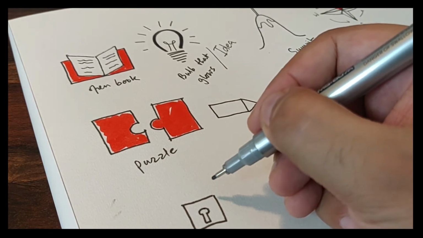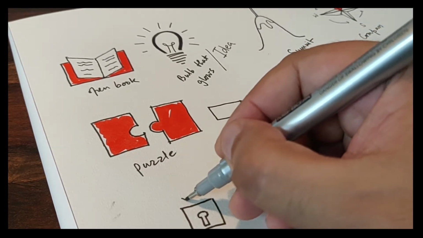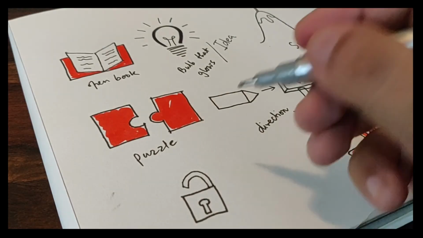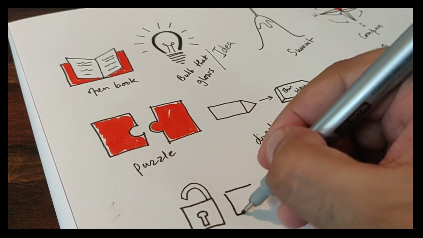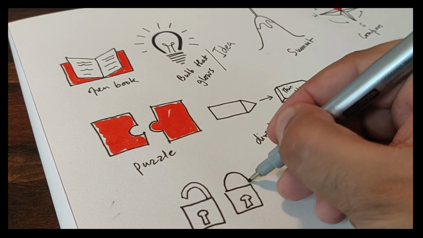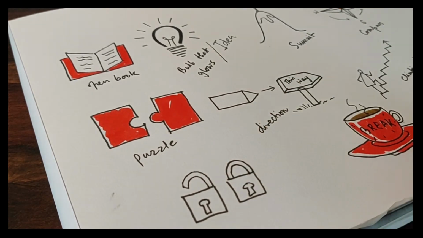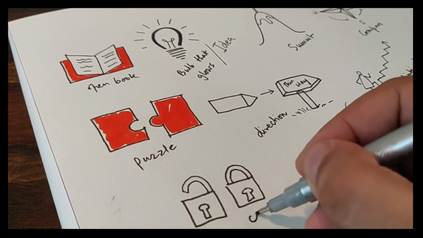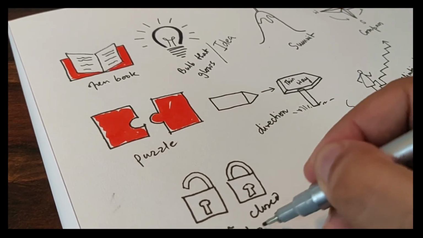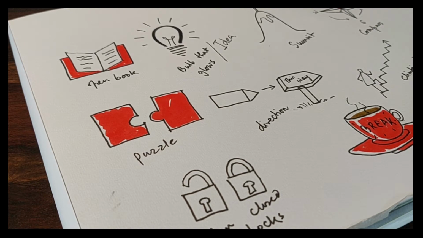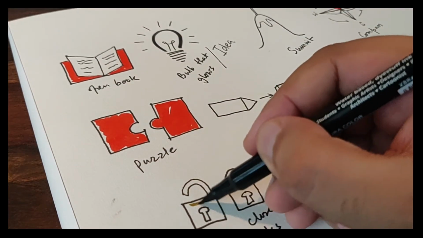Whether we require the lock to be closed or open, we can have it like this or like this. Isn't it easy? Open, closed, locks. You can definitely color this if you require.